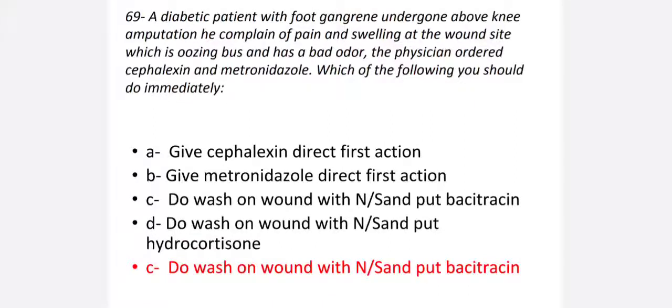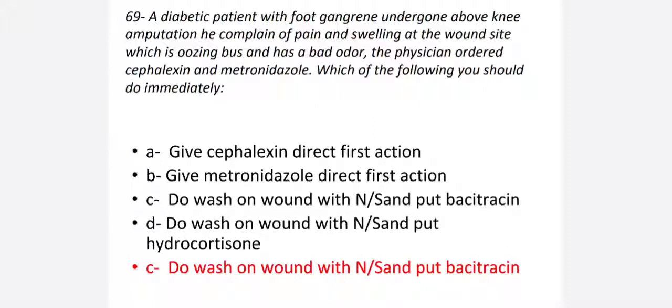Question number 9. A diabetic patient with foot gangrene has undergone above knee amputation. He complains of pain and swelling at the wound site, which is oozing pus and has a bad odor. The physician ordered cephalexin and metronidazole. Which of the following should you do immediately?